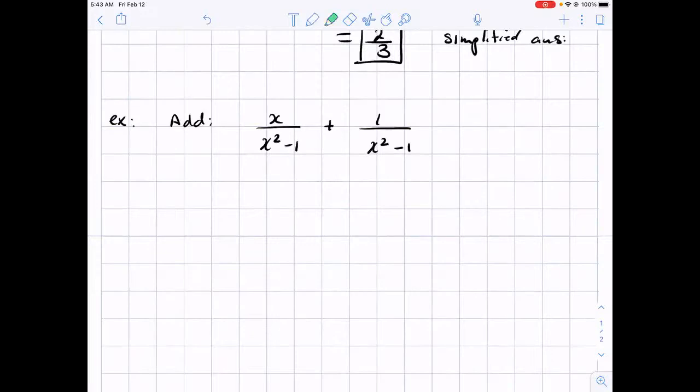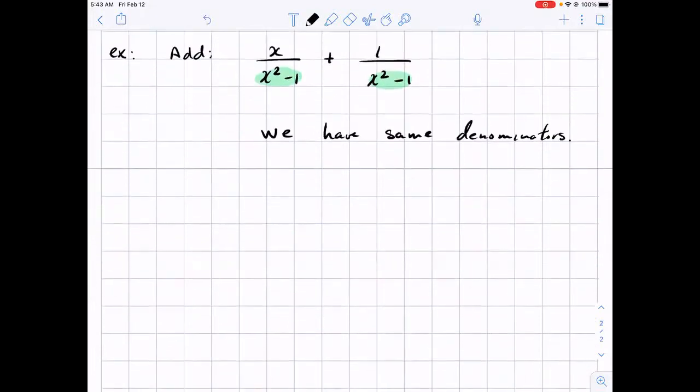Notice my denominator here and my denominator here are the same. So we already have the same denominators. If the denominators are the same, we keep the denominator. So we have x over x squared minus 1 plus 1 over x squared minus 1.